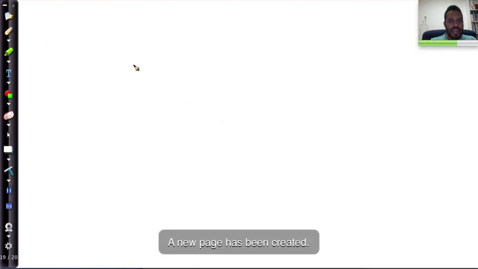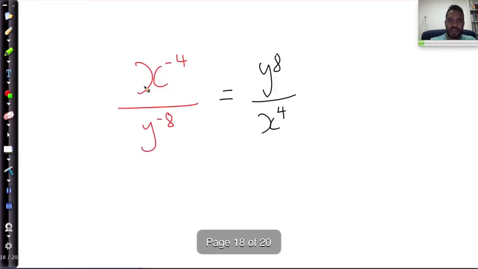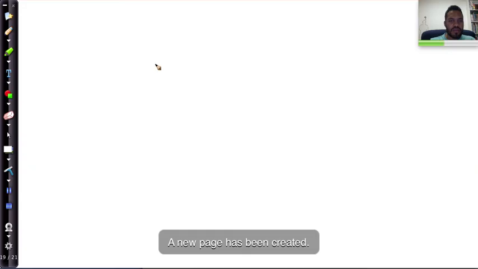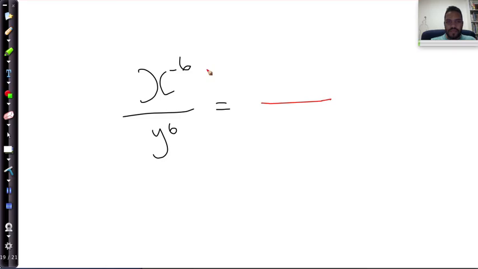If we take another example, and we say x to the negative 6 divided by y to the positive 6, well, what can I do here? I want you to write this with positive exponents. Take that down. That's just going to be x to the positive 6, y to the positive 6, and you're left with this invisible 1 that you had over there. You can now put it in.